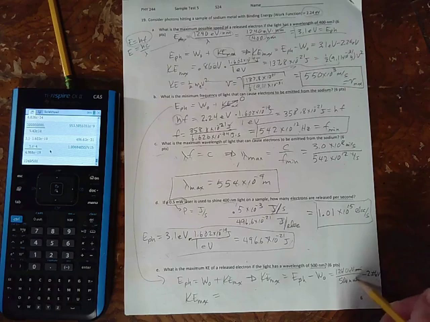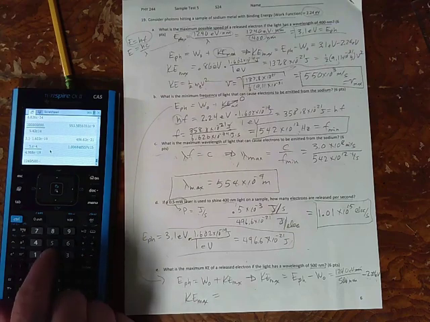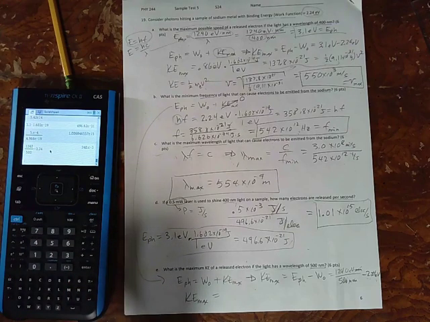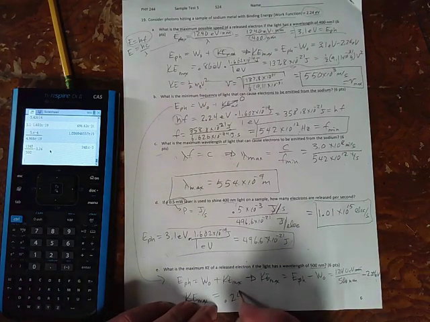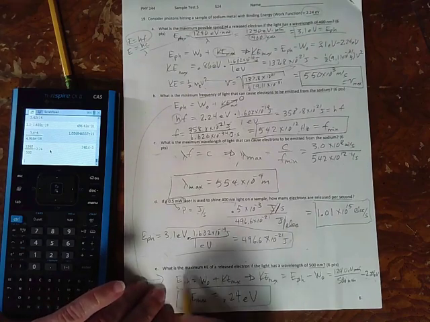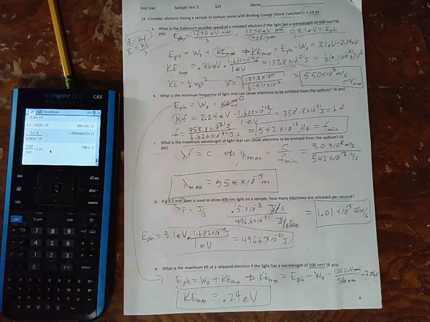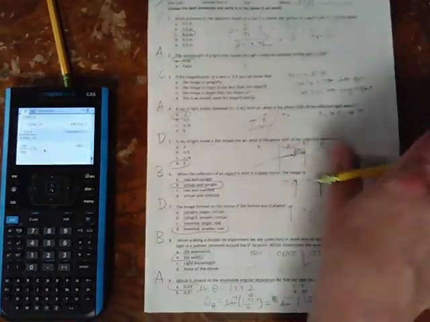Since the units are nanometers, we don't have to do the negative 9 stuff. We end up with eV there, and then subtract 2.24. We get 0.24 electron volts. It doesn't say what units it needs to be in, so we'll just call electron volts good units. It's a kind of energy unit, so that's good. So that should do it for sample test 5.